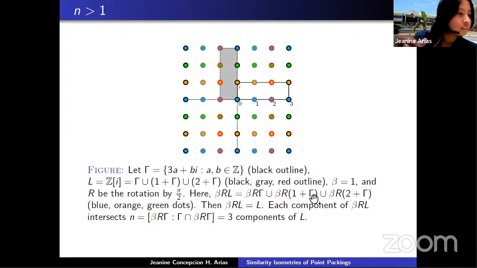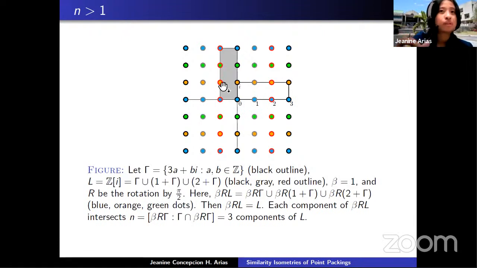And beta RL is just the union of the blue, orange, and green dots. But as we can see, beta RL is just equal to L. That is expected because the 90-degree rotation is a symmetry of the square lattice. Observe that the blue dots intersect the black, gray, and also the red outline dots.